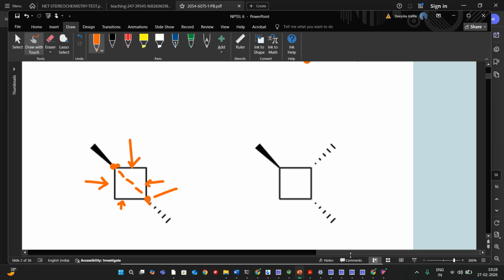So let us move to the next molecule. In this molecule, this carbon will be the first asymmetric carbon because it is linked to 4 different groups, as well as this carbon is linked to 4 different groups, hence it is also asymmetric.